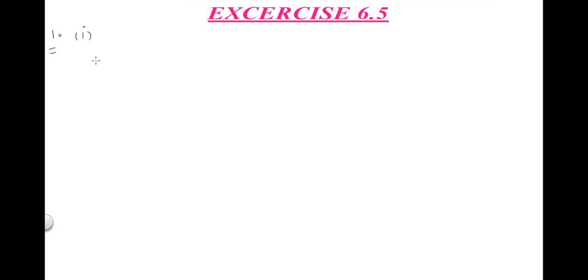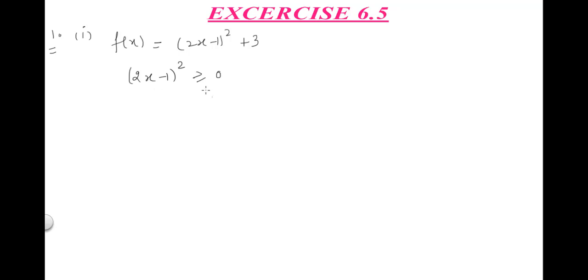The statement of the question is, find the maximum and minimum values, if any, of the following functions given by. The first function is f of x equals (2x minus 1) whole square plus 3. Now see carefully, (2x minus 1) whole square, because it's a square number, will always be greater than or equal to 0.